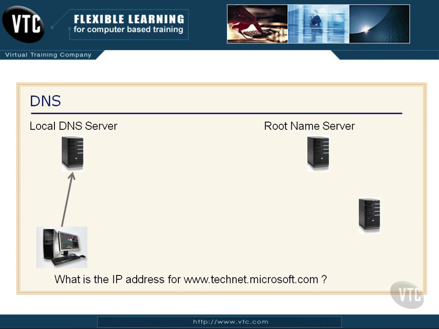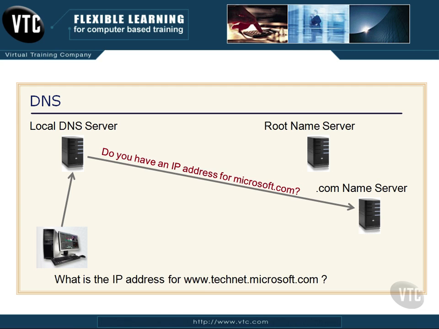So now the DNS server is going to contact the .com name server out on the internet and say, do you happen to have an IP address for Microsoft.com? And it says, yes, here is that address. Contact Microsoft and get more information from them.